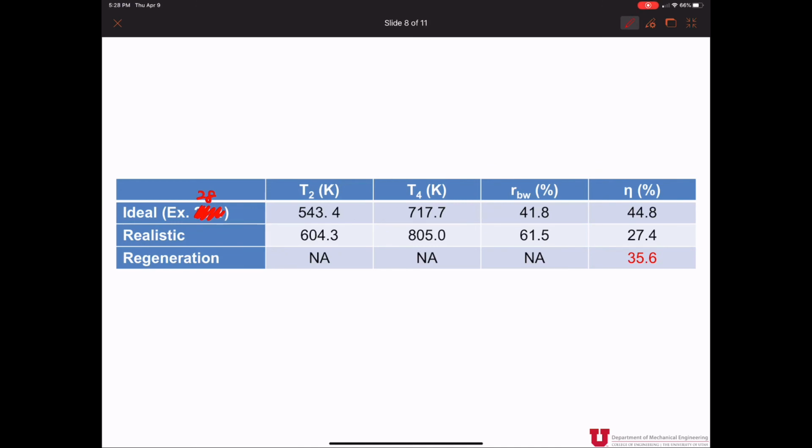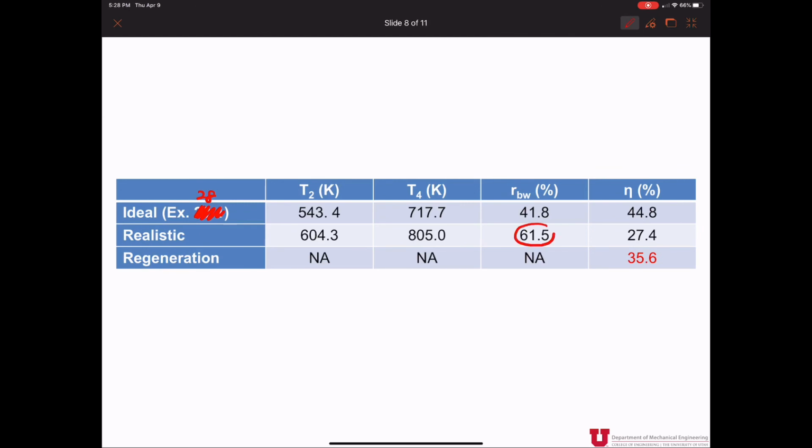That's what we did, and even for the regeneration that is attached to the realistic gas turbine. Let's not worry about T2A and T4A because they are not quite important at this moment. But if you really look at the back-work ratio, for the ideal case, we only need around 42% to run the compressor, but that shoots up to around 61.5%.